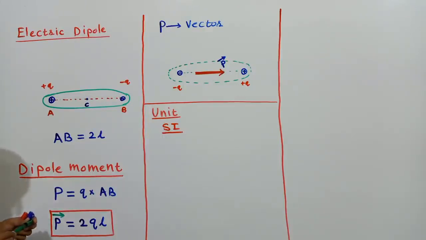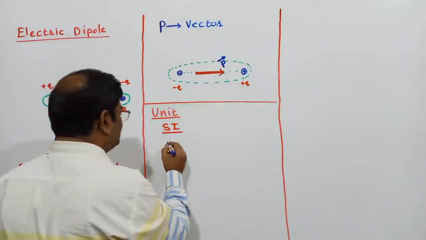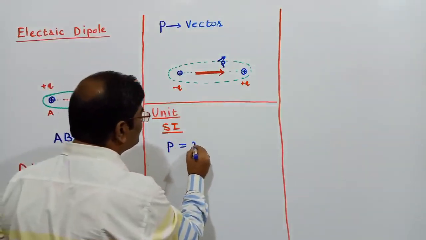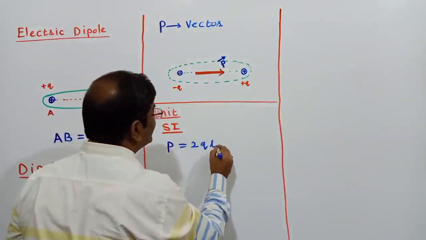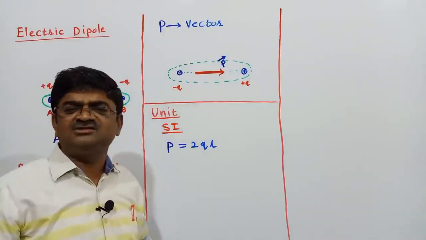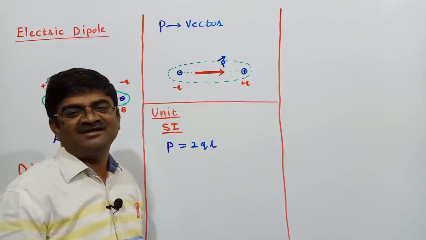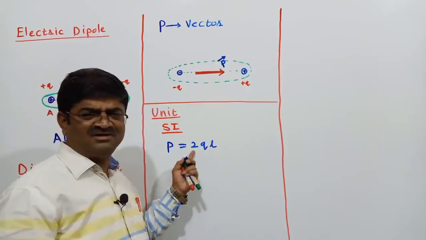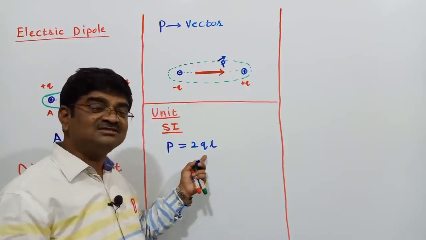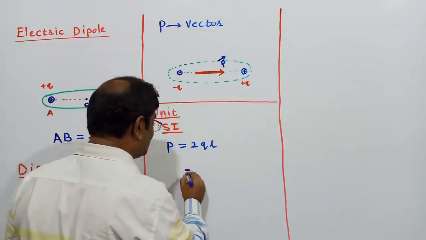How do you calculate that? 2QL. So I write here P equals 2QL. As soon as I write this, there is no difficulty in writing the unit of the dipole moment. The number is unitless. Charge: and what's the unit of charge? Coulomb.